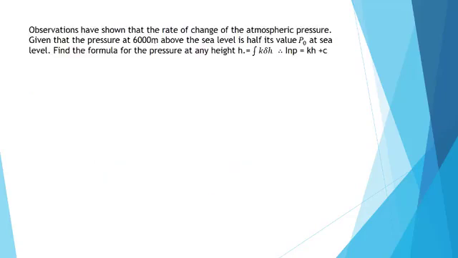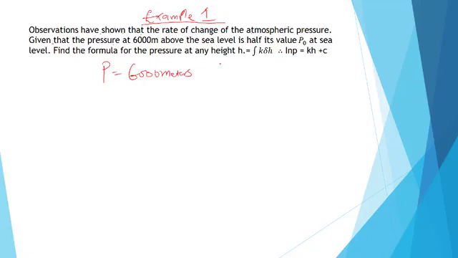Now let's use this explanation in solving a question. Let's call this example 1 for today's lesson. Observations have shown that the rate of change of atmospheric pressure, given that the pressure at 6,000 meters above sea level, is half its value P naught at sea level.